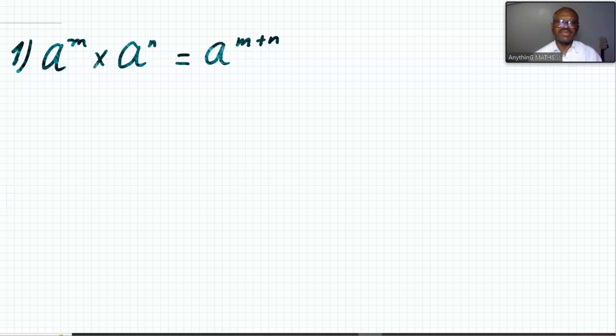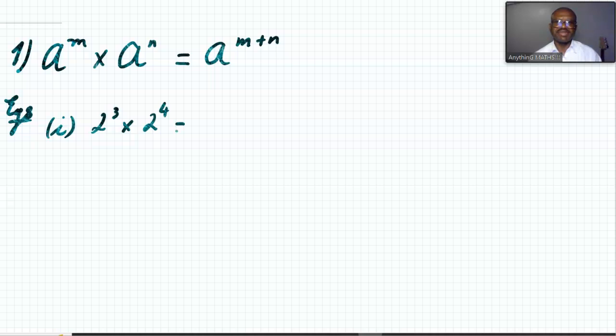What are we going to do now? We're going to look at some examples that can help us to understand this rule better and also how to apply or implement this rule. Example 1. 2 raised to the power 3 times 2 raised to the power 4.